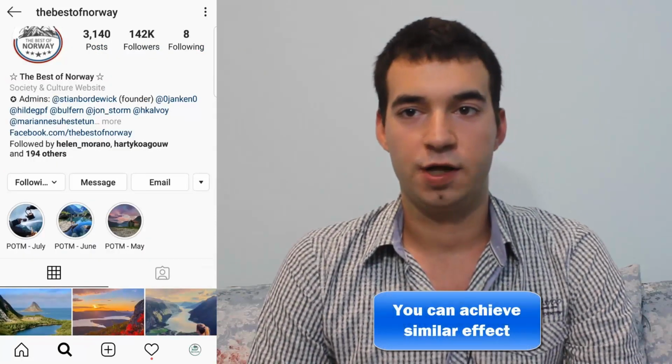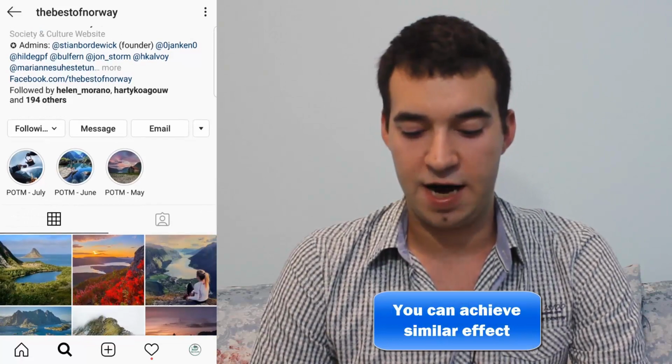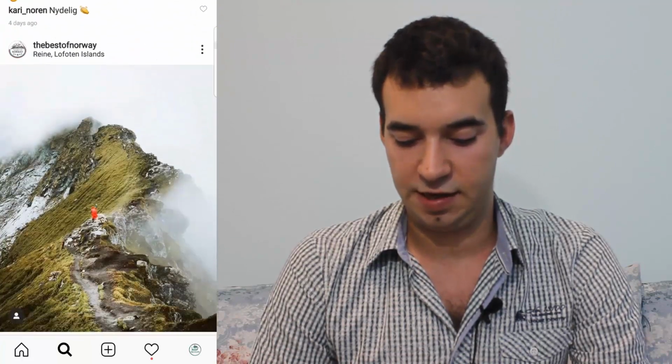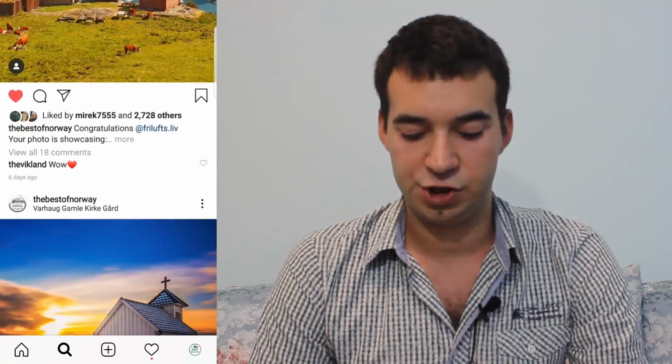Another way you can implement this is by looking at the posts that are underperforming. So basically, as you can see, this page gets about 3 to 3,500 likes per picture on average.